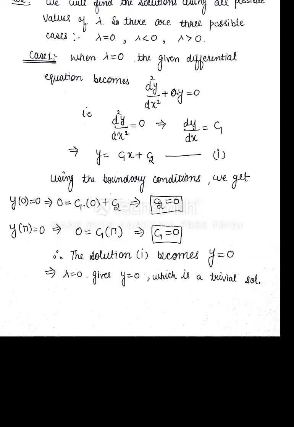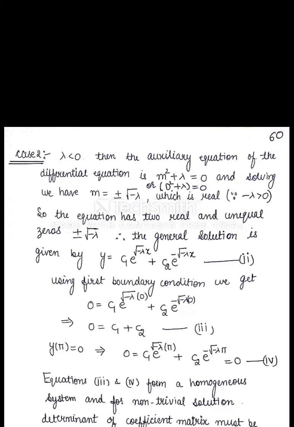Now we will consider the case when λ is negative. Consider case 2 by taking λ less than 0. Now, in case λ < 0, the auxiliary equation is m² + λ = 0, or in some books there is a different way of writing the auxiliary equation: D² + λ = 0.